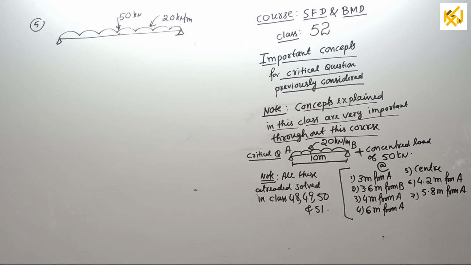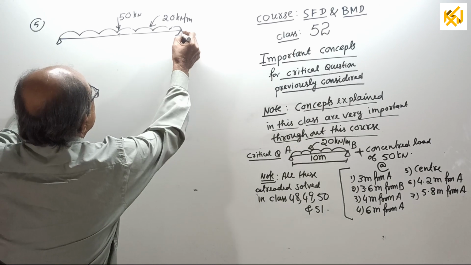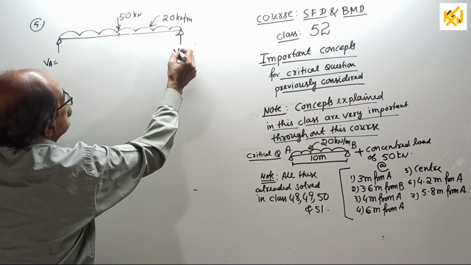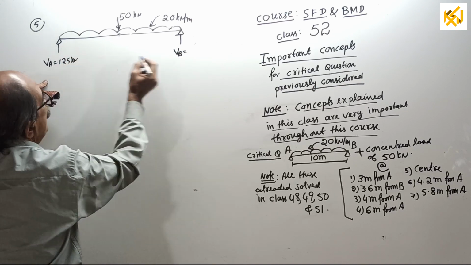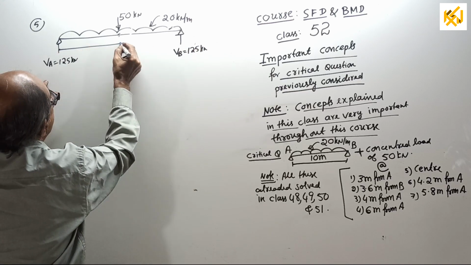Otherwise, the full thing I told gets wasted. Now reaction, no need of calculating. Total 250 kilonewton. So each reaction will be 125 kilonewton and 125 kilonewton. Distances are 5 and 5 meter.